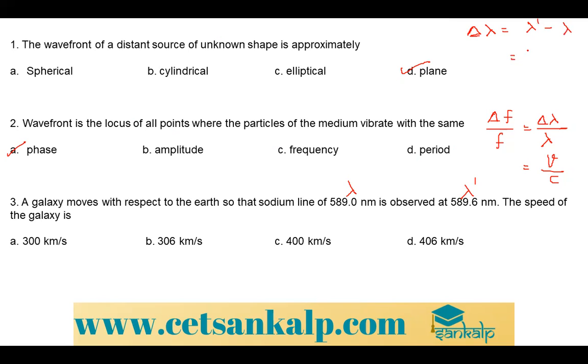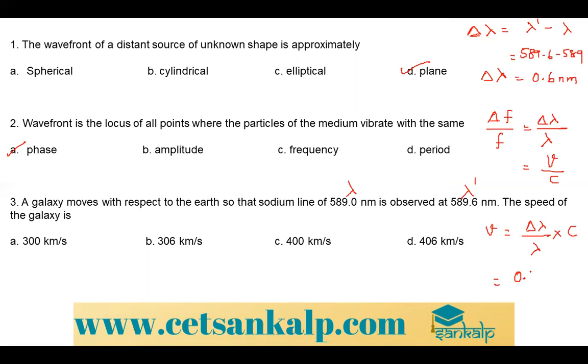So it is 589.6 minus 589, which is 0.6 nanometer, your delta lambda. I'll take the equation as delta lambda by lambda is equal to v by c. So v is equal to delta lambda by lambda into c.